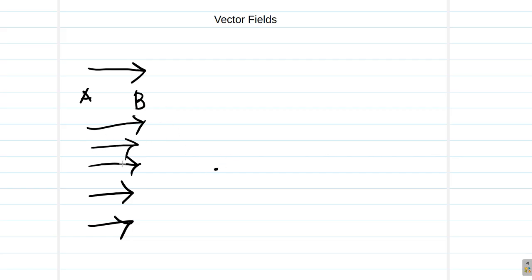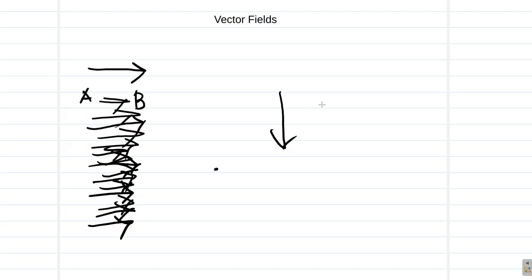But the fact is, you could use an infinitely large number of vectors to make this field, right? It could be gravity, the force of gravity acting downwards, right? You use lines pointing down with arrows on them like this.